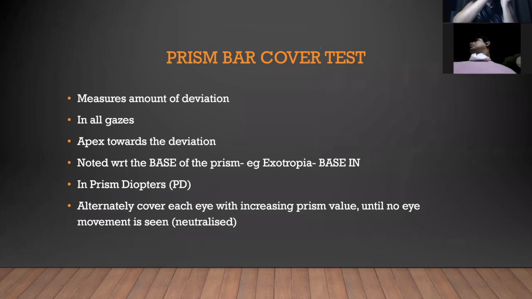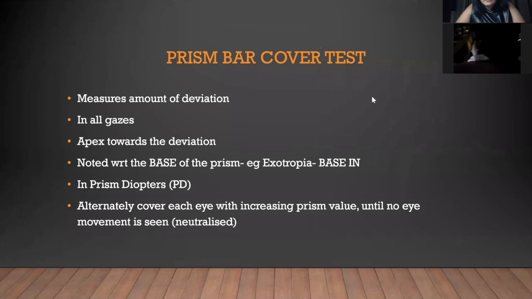So the base is inside, so you're going to call it base in. You denote it in prism diopters, and you will alternately cover and assess the amount of squint with increasing amounts of prism until it is neutralized and you see no movement of the eye.